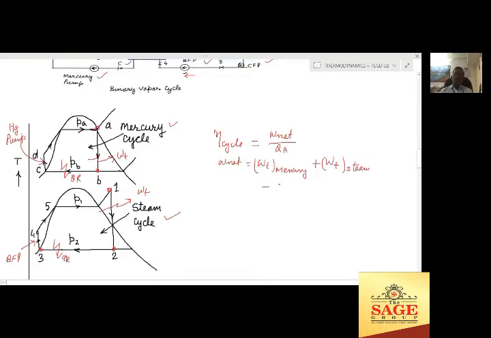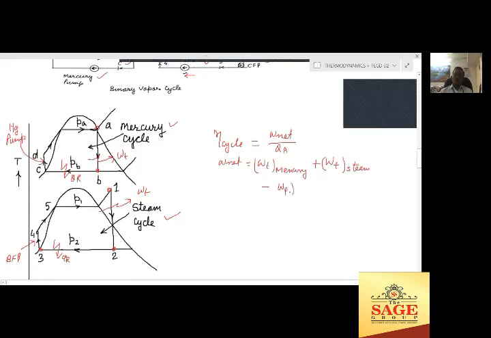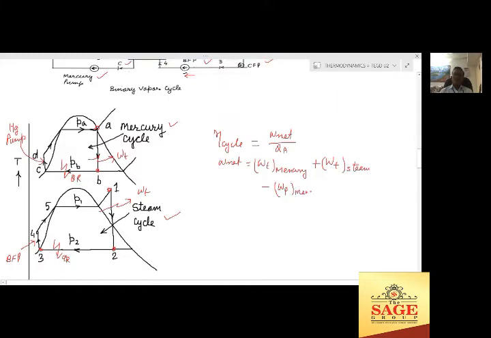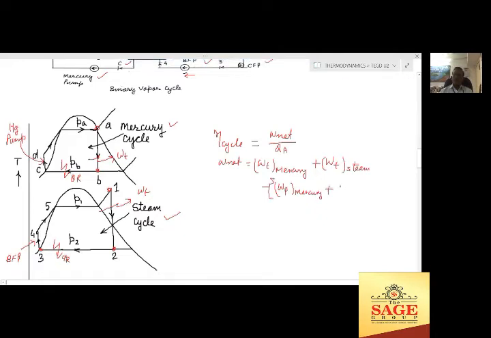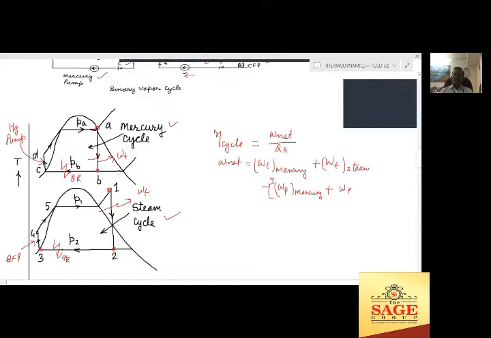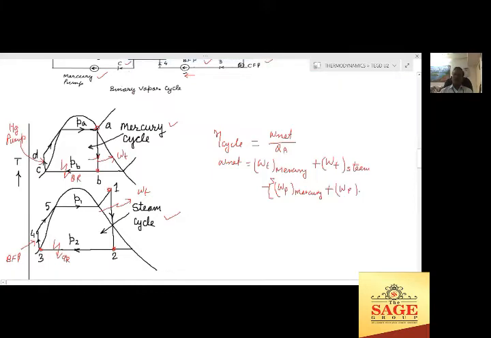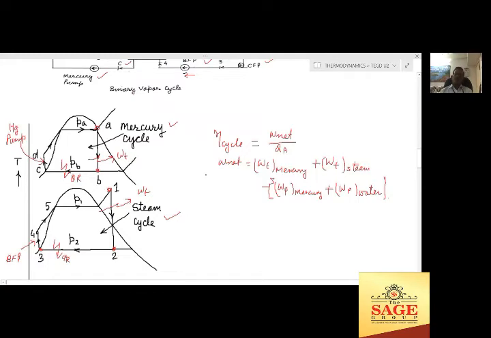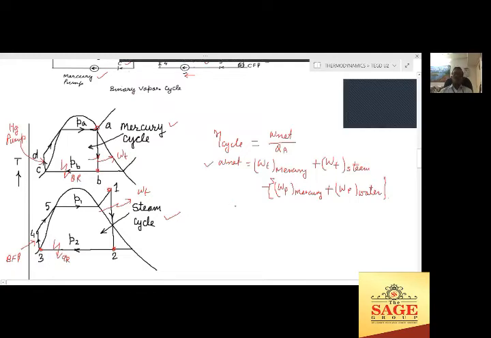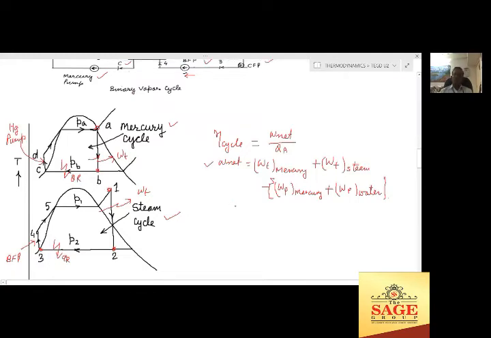We will also write WP for the mercury plus WP for the steam or the water. This will give us the net amount of work done.